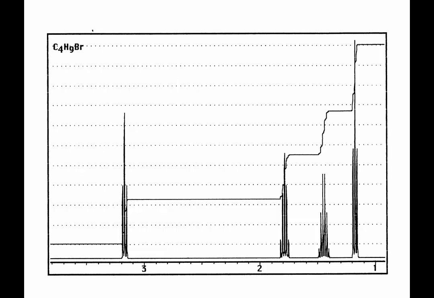So we know that this one is this. Okay, so you've matched the spectrum with the structure, but that's not good enough. Now I need you to tell me which set of peaks corresponds to which hydrogens in that molecule.